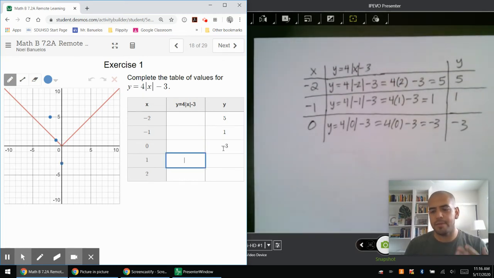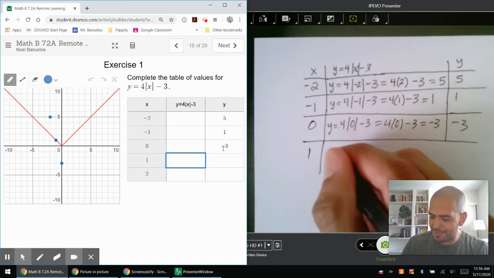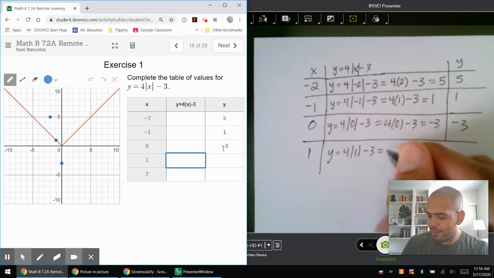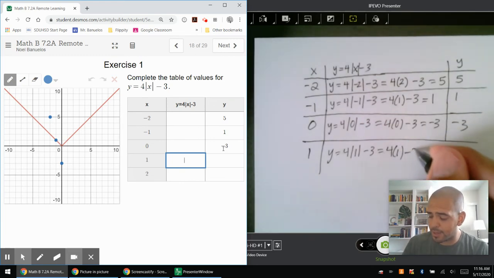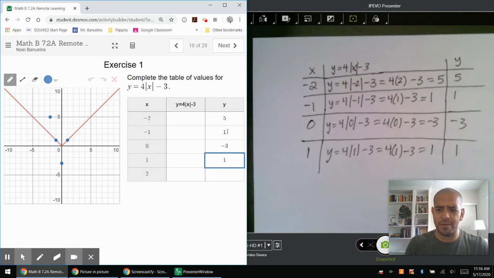I'm just going to continue on. With absolute value functions, you'll notice a pattern. Let me do the next one. 4 times the absolute value of 1, take away 3. The absolute value of 1 is 1. 4 times 1, take away 3 is 1. What I meant by that is, once you notice that a value starts to repeat, it's symmetrical.